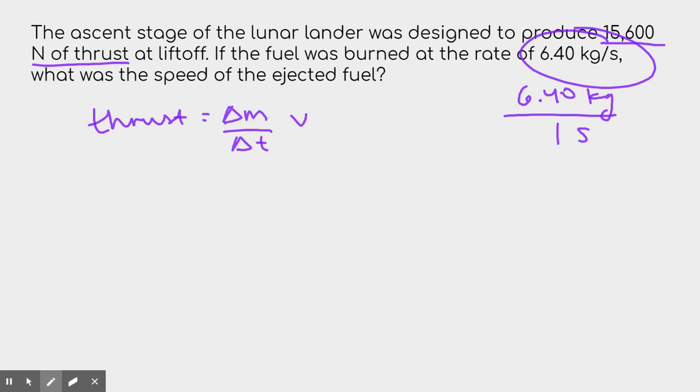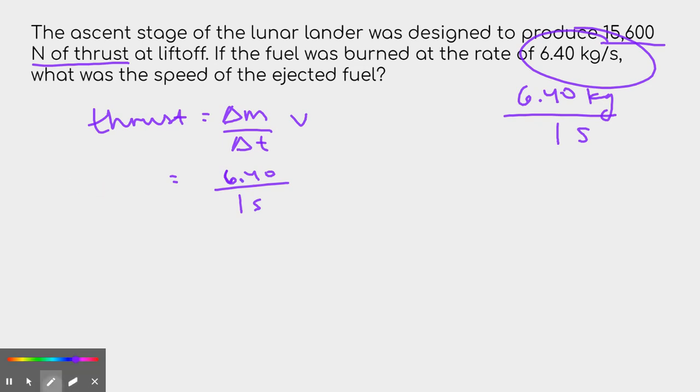So the thrust here, thrust equals 6.40 divided by 1 second. Oh, I'm sorry, we have thrust.